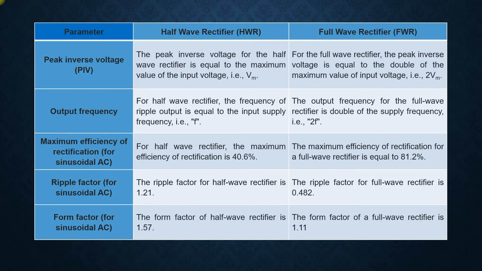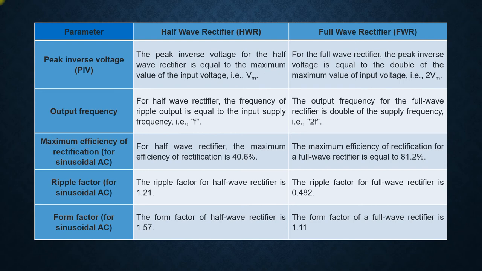Whenever you give supply and the diode is not on, that means the diode is in reverse bias, so how much voltage appears across the diode has to be carried by that particular device, that means the diode or thyristor. This part is very important. For half wave rectifier it is simply Vm, but coming to full wave rectifier, it is 2Vm.